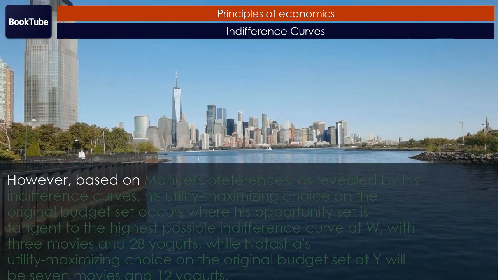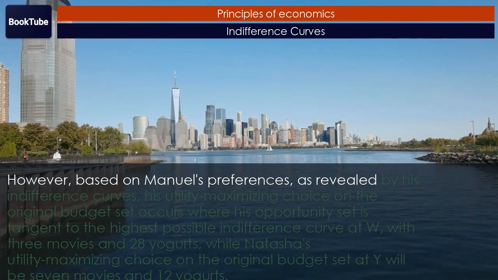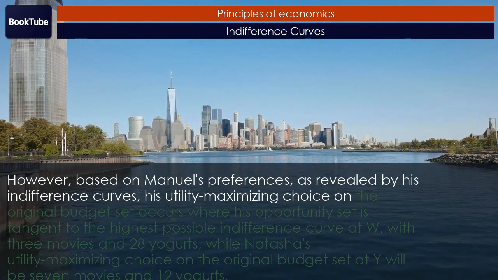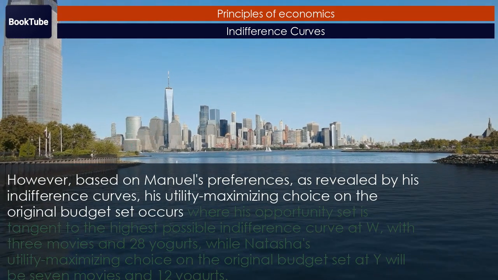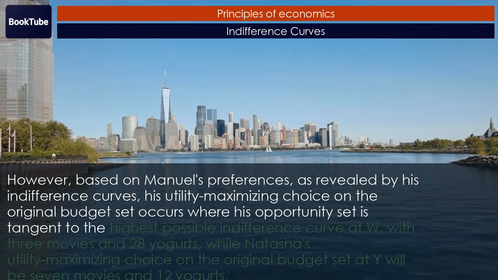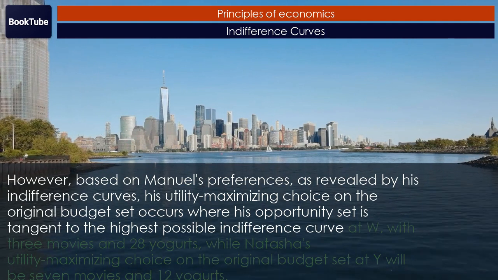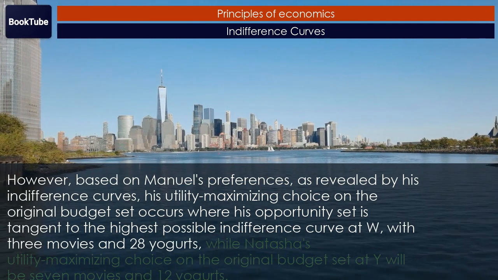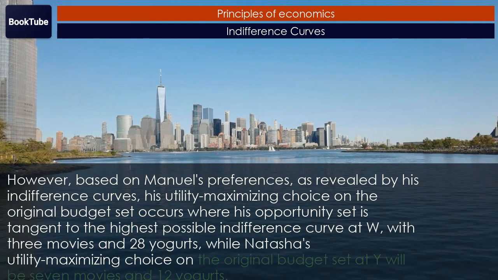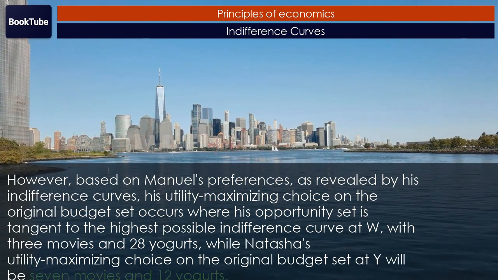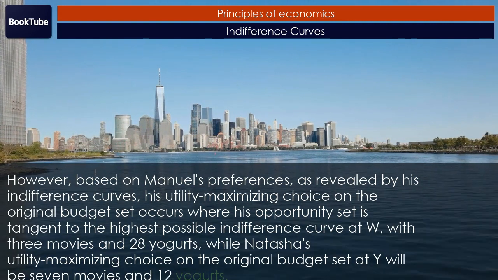However, based on Manuel's preferences, as revealed by his indifference curves, his utility maximizing choice on the original budget set occurs where his opportunity set is tangent to the highest possible indifference curve at W, with 3 movies and 28 yogurts, while Natasha's utility maximizing choice on the original budget set at Y will be 7 movies and 12 yogurts.